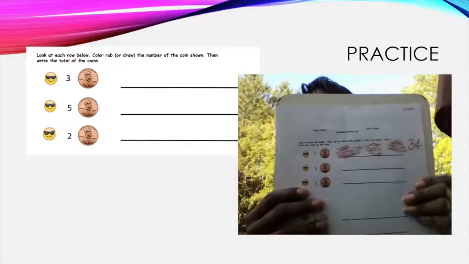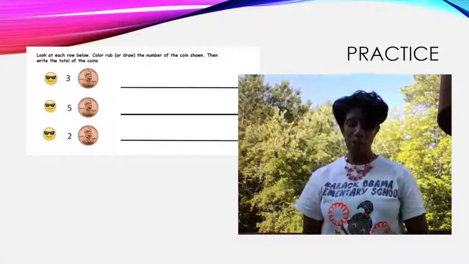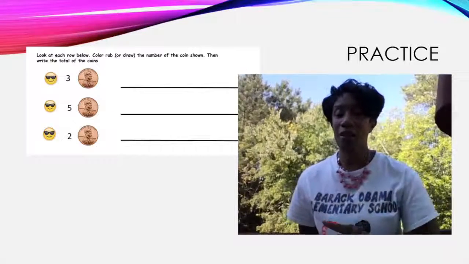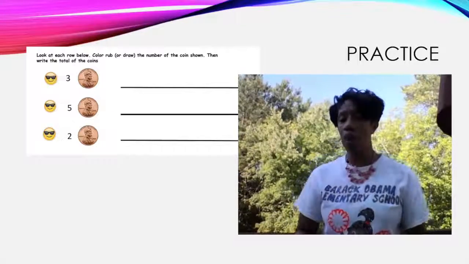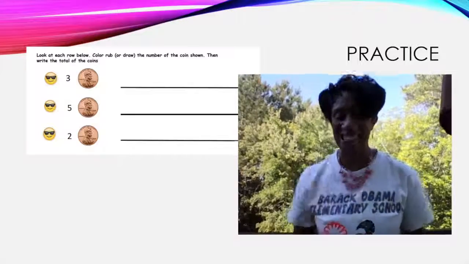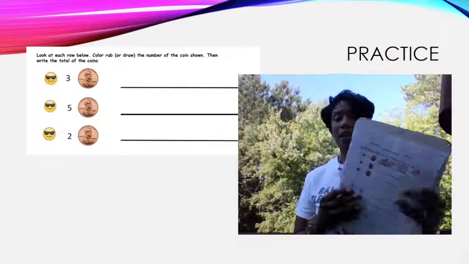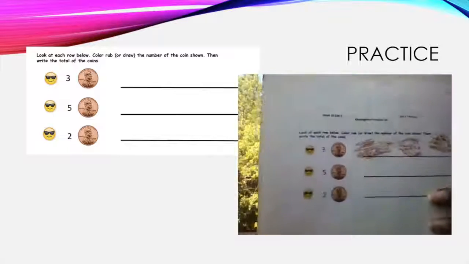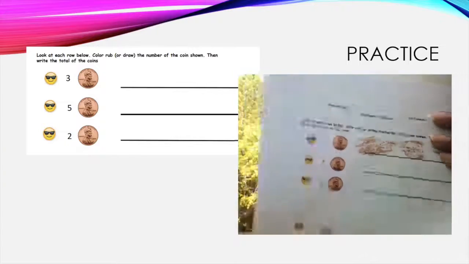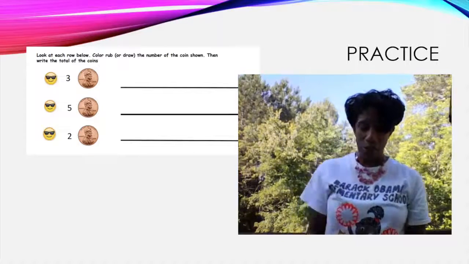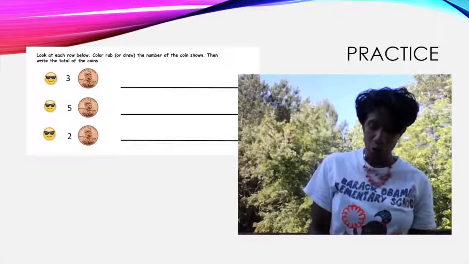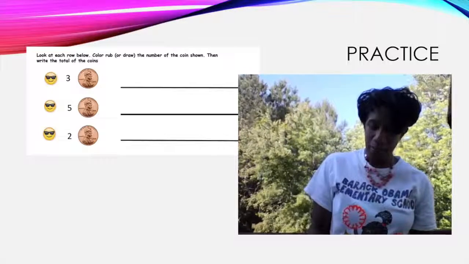$0.03. Okay? Now I'm going to do the next one, because if you don't have your penny to color rub, I want you to just draw a penny. So what shape would I need to draw? Yes, a circle. Our next problem says how many pennies do we need? Yes, it says 5. So I'm going to draw 5 circles to show my pennies.